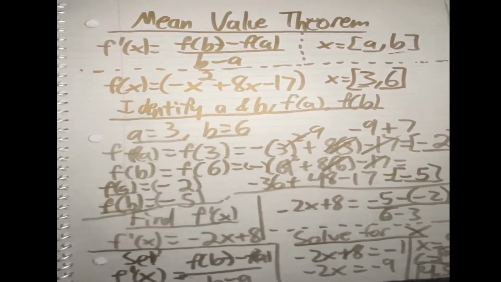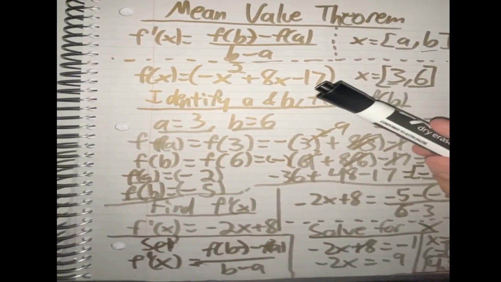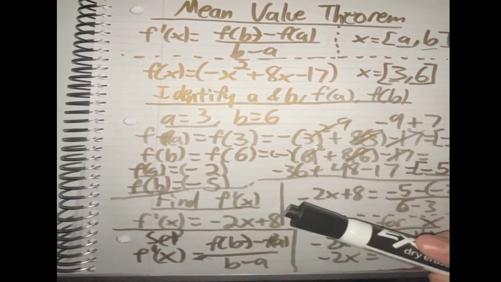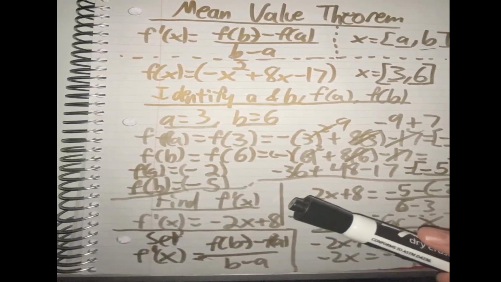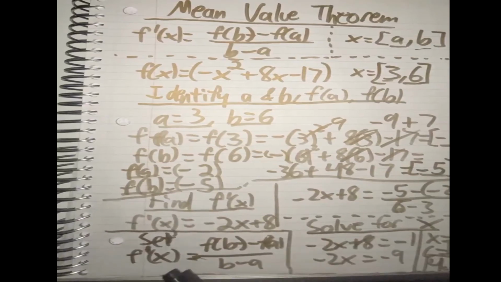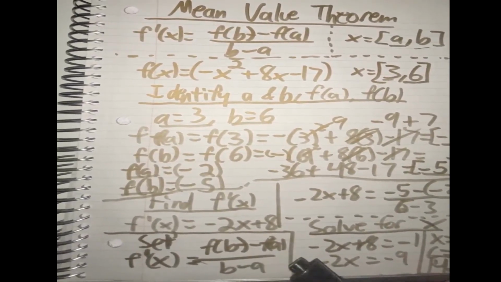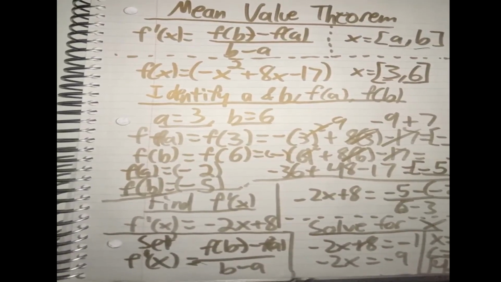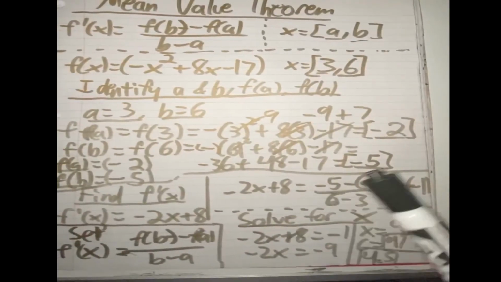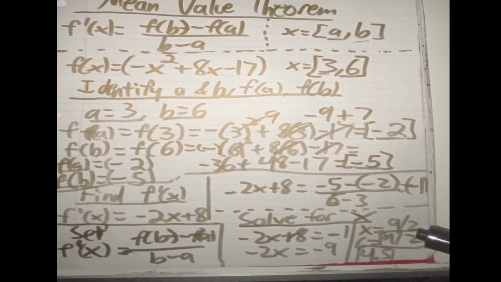The next step was to take the derivative. So we took the derivative of f of x, and we got negative 2x plus 8. And then the key step is plugging it into the formula. So f prime of x, we set that equal to f of b minus f of a divided by b minus a. And over here, we performed the arithmetic to solve for x, and our x came out to be 9 over 2.